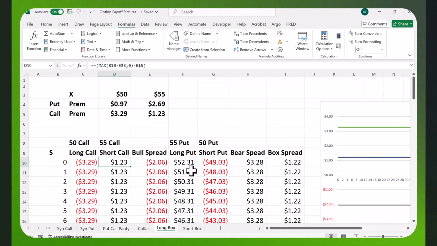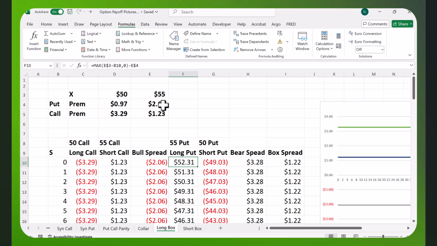Similarly, I do it for the long put and the short put. The short put, the formula is going to be the maximum of the strike price, in this case the 55, minus the stock price, which is here in B10, and I don't put a dollar sign in front of that, but I will put a dollar sign in front of the 3 here so I can copy it down, minus the cost of the put premium, which is here in E4.